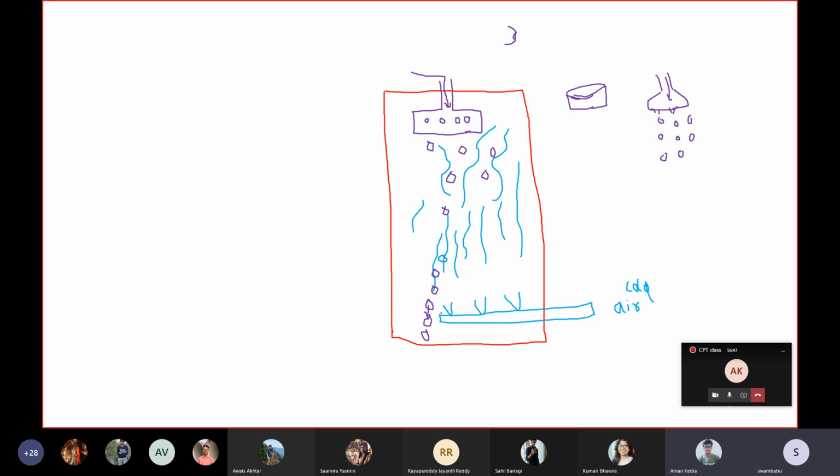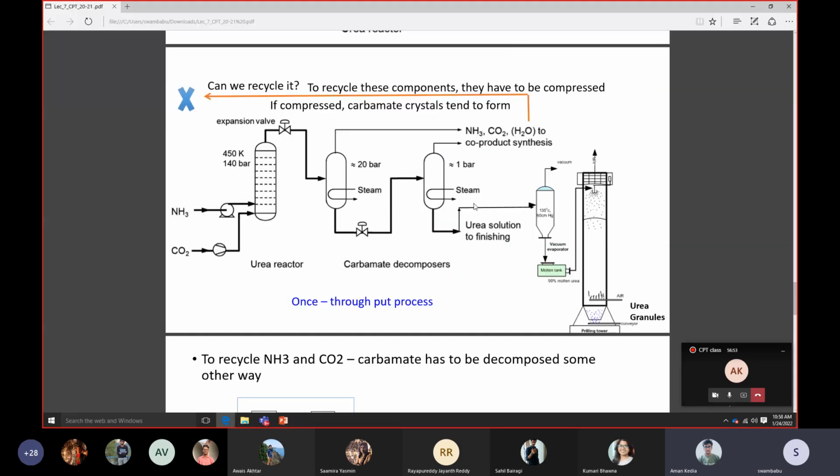So that way we can avoid the attrition. So this is called a prilling tower. The prilling tower is used to form the urea granules. That way we get the solid urea granules. They are packed and sent to storage, then sold to whichever farmers require.